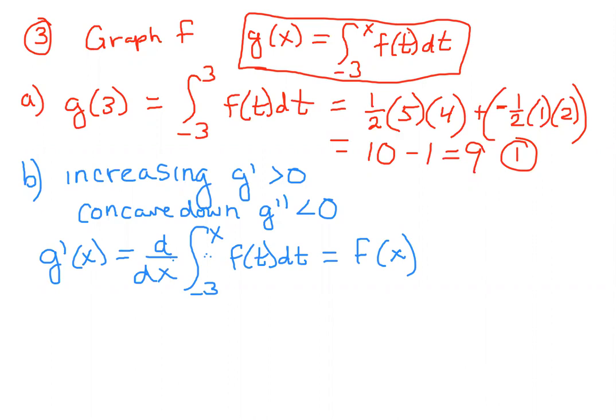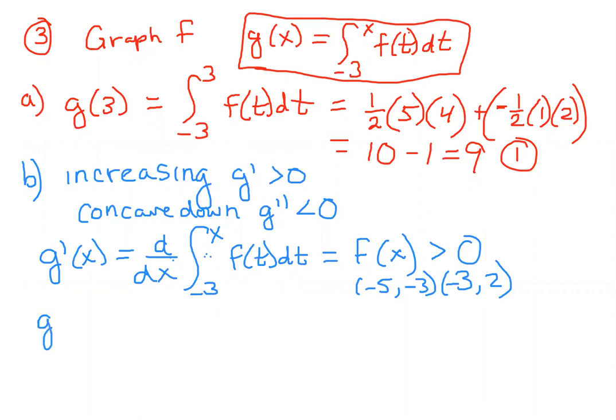So for g prime greater than 0, it's the same thing as f greater than 0. On what intervals is f greater than 0? Well, it looks like -5 to -3, and -3 to 2. Remember, we don't put -3 in there because it equals 0 at -3.